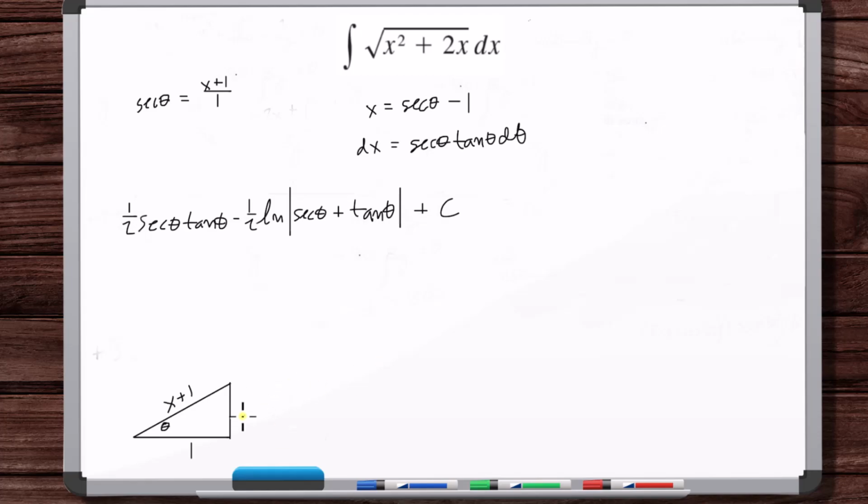Now if this is z, then we've got z squared plus 1 squared is equal to x plus 1 squared. So z squared is equal to x squared plus 2x plus 1, so z is equal to the square root of x squared plus 2x, okay?